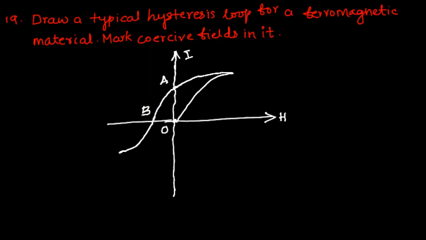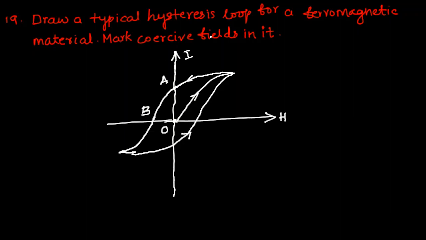Now we start applying the magnetic field in positive direction, then magnetization also increases in positive direction, and finally it reaches the initial point. So in this way, a loop is formed and this loop is called hysteresis loop. So this is hysteresis loop.